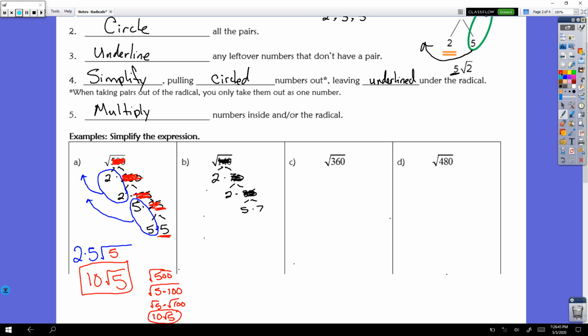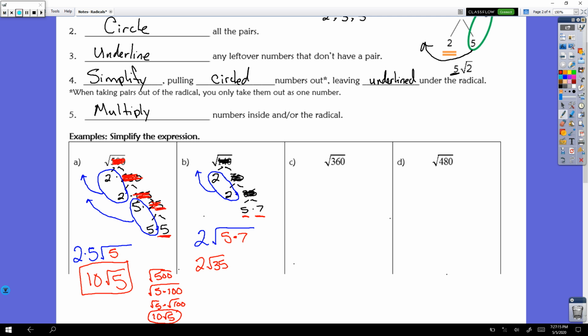So, circle your pairs, right? I have one group of 2s, and then underline your leftovers. So, I'm going to take that one group of 2 out front, and I have the 5 and the 7 on the inside. Now again, when we have multiple numbers, we multiply. So my final answer, 2 square root of 35.